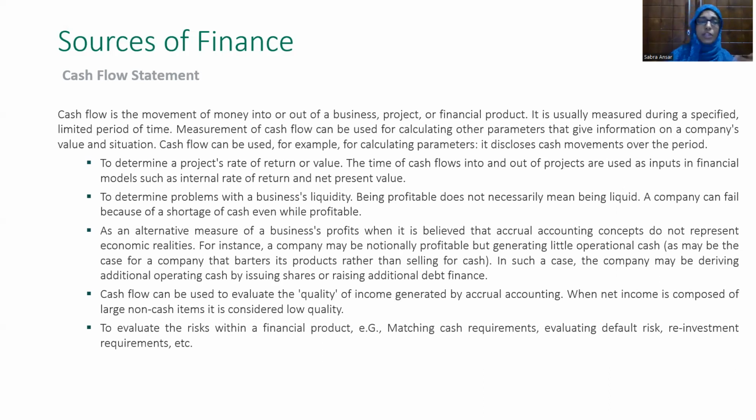It will be used to evaluate the quality of the income generated, and the net income is checked for whether it is non-cash items or not. If it's non-cash items, obviously it would be of low quality, and if it's a short-term item which can be cashed very quickly, it is considered to be good.